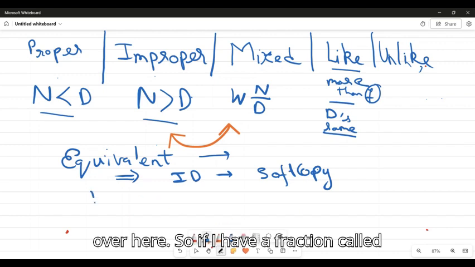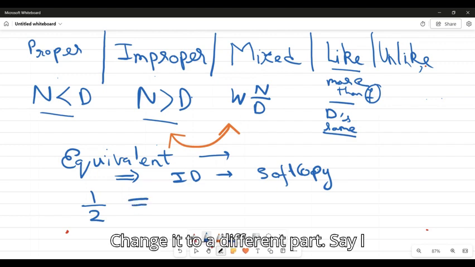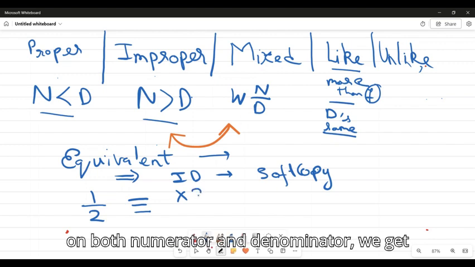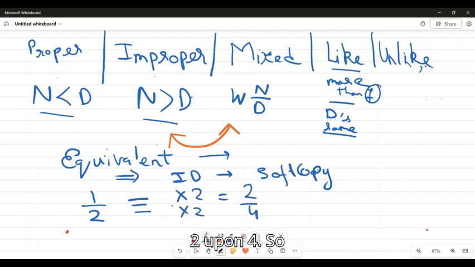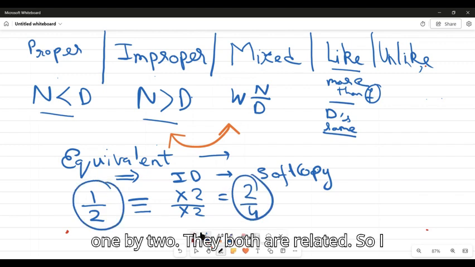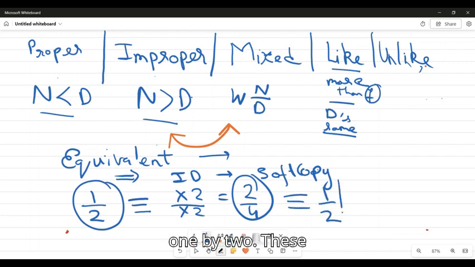If I have a fraction 1 by 2 and I multiply by a factor of 2 on both numerator and denominator, we get 2 upon 4. So this will be an equivalent fraction of 1 by 2. They both are related. So I can say this is equivalent to 1 by 2.